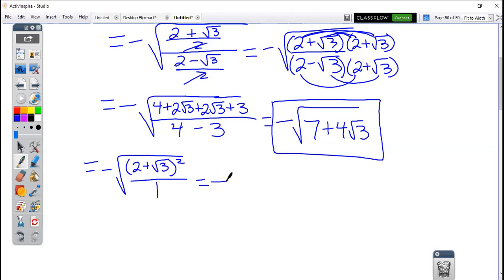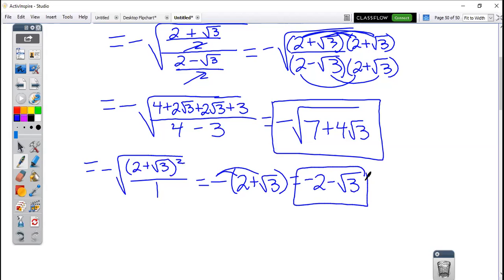The square root and the square go away. So you just have negative 2 plus square root of 3, and it's still over 1. The only thing with doing it this way, you got to remember at the end, you got to distribute your negative. So that's negative 2 minus the square root of 3. So I would take either of those answers. Even though they look different, if you type them in your calculator, you get the same big long decimal.